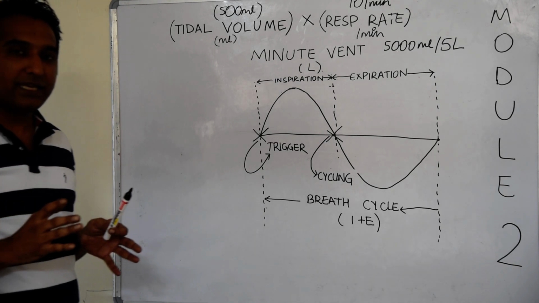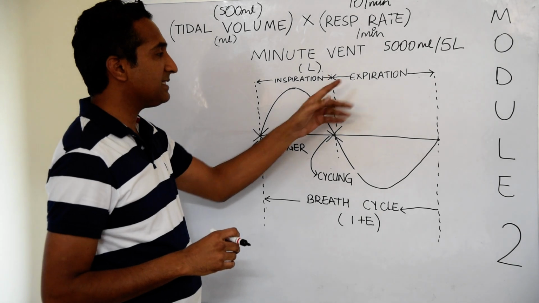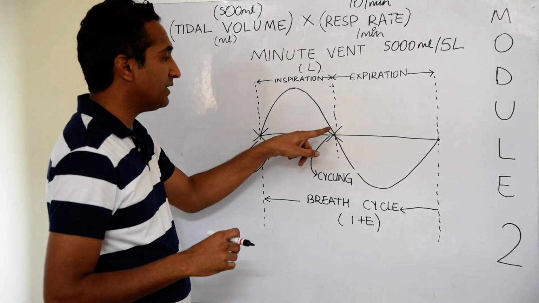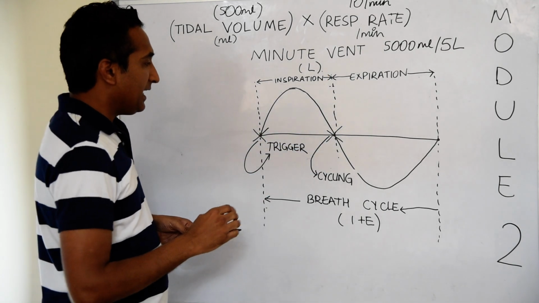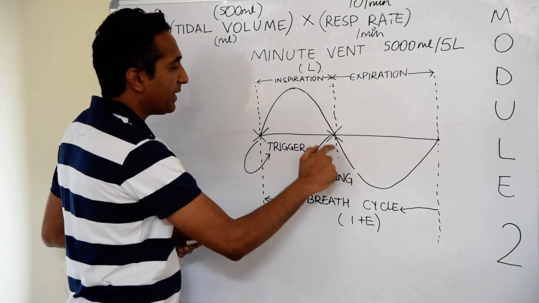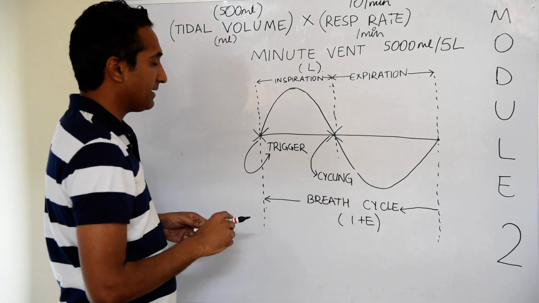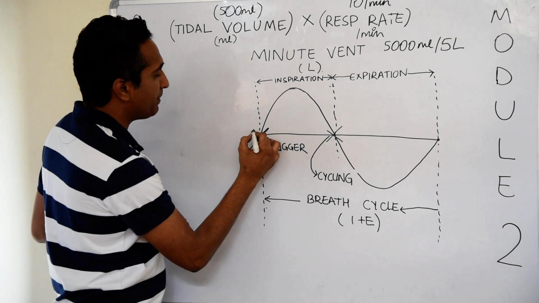Now we know that in each breath there is an inspiratory phase and there is an expiratory phase, and there has to be a changeover somewhere. If we take this as a time axis and follow one breath, let's see what are the parts of this breath. There is a point at which the breath starts.